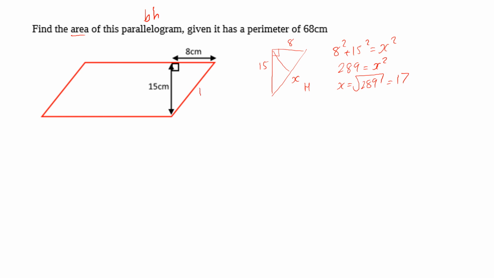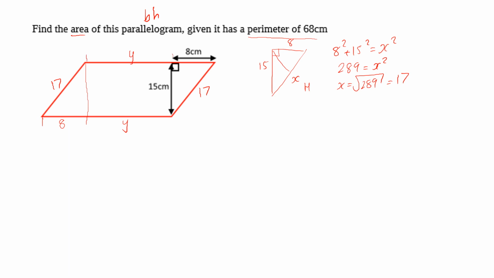So let's fill that in on the diagram. We've got 17 and 17 here. We're told that the perimeter of this whole shape is 68. And if we think about maybe splitting it like this, we can say, well, this is 8 here, from there to there. And then this is something we don't know. Let's call it y. And this is the same thing we don't know.